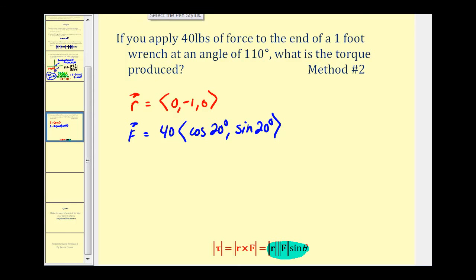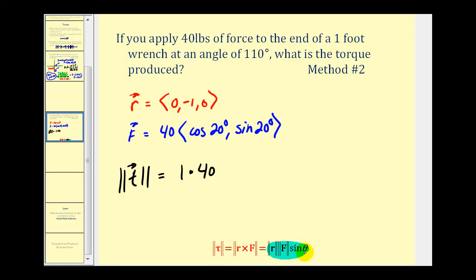Let's try it. The magnitude of the torque is going to be equal to the magnitude of vector r. Well, vector r is a unit vector, so this would be 1, times the magnitude of the force vector, which is 40.